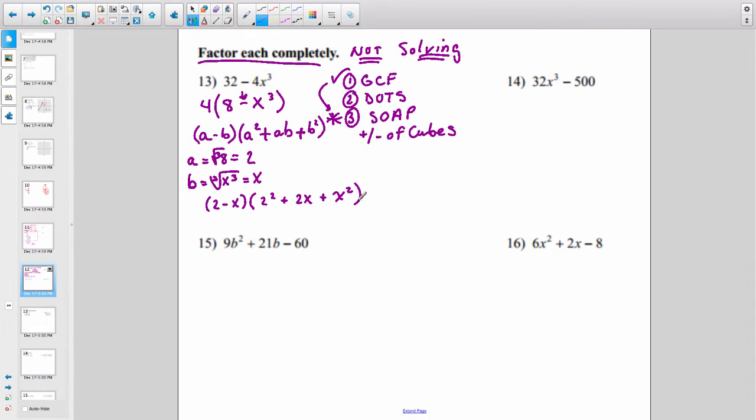Almost done. It's just you usually have to do something here, right, to make it look nicer. So 2 minus x times 4 plus 2x plus x squared. And that is it. You're done. You stop right here. This is not solving. It's just factoring.